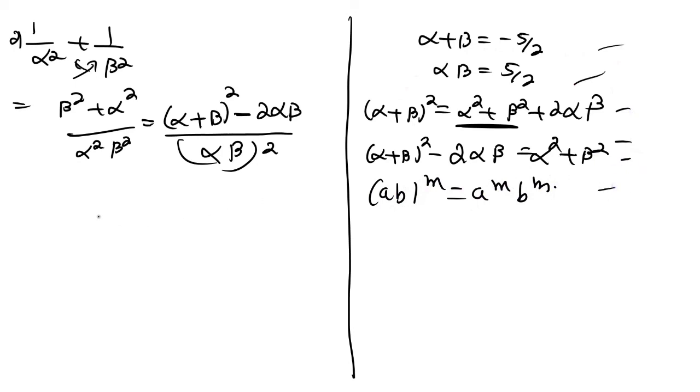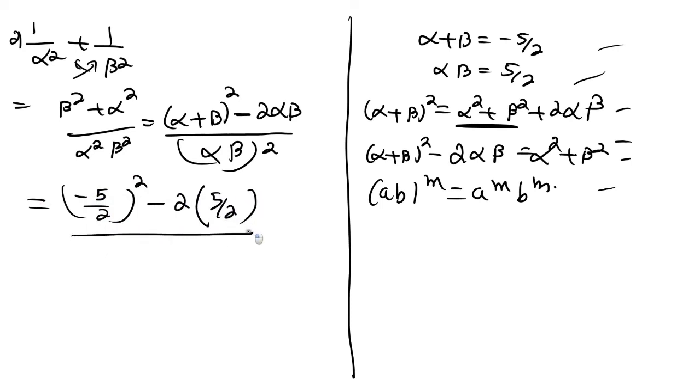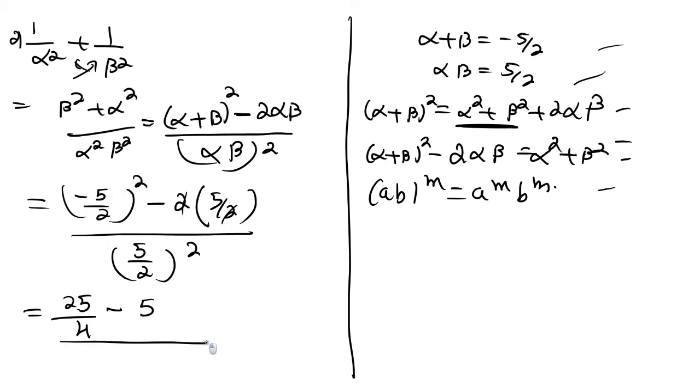Then simplify this one, alpha plus beta, minus 5 by 2 whole square, minus 2 into alpha beta, 5 by 2, the whole thing divided by alpha beta whole square, 5 by 2 whole square. It is equal to minus 5 whole square is 25 divided by 4 minus, here 2 and 2 get cancelled, so you will get minus 5, divided by 5 square by 2 square, which is 25 divided by 4.